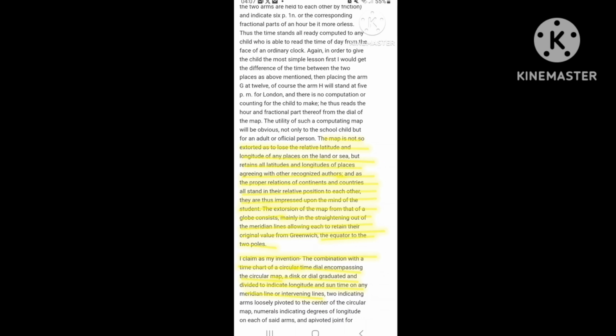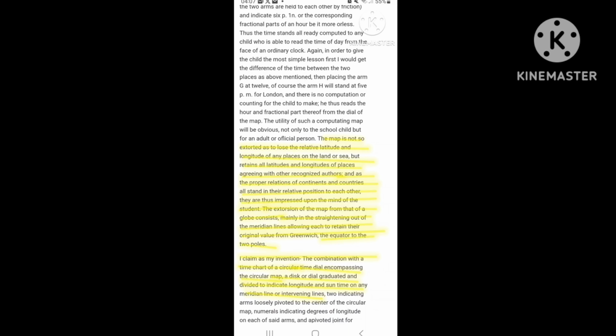The distortion of the map from that of the globe consists mainly of straightening out the meridian lines, allowing each to retain the original value from Greenwich, the equator, and the two poles.